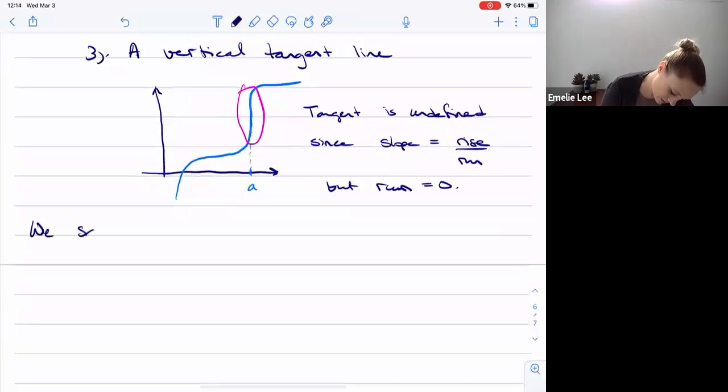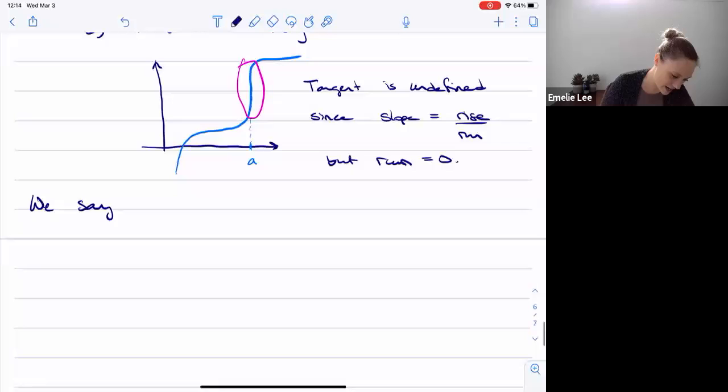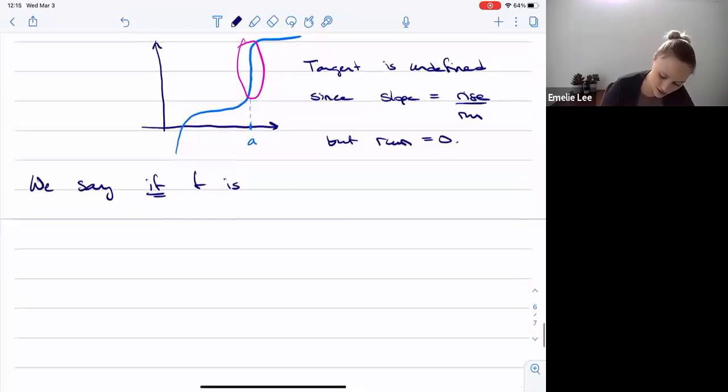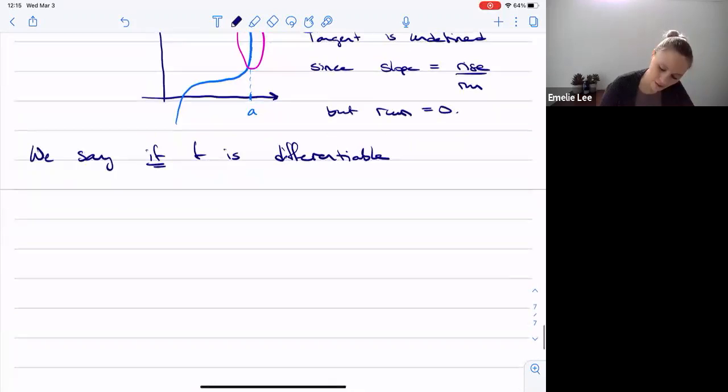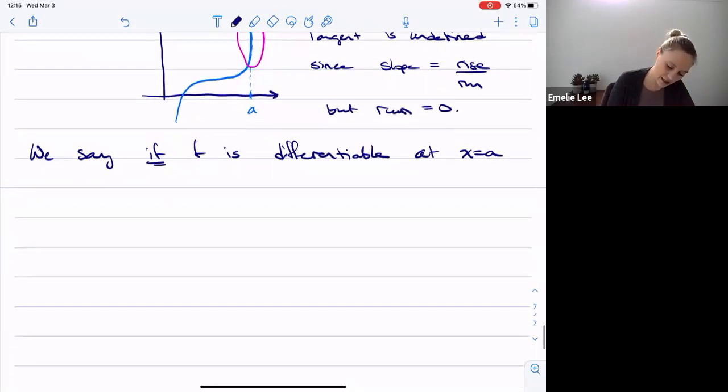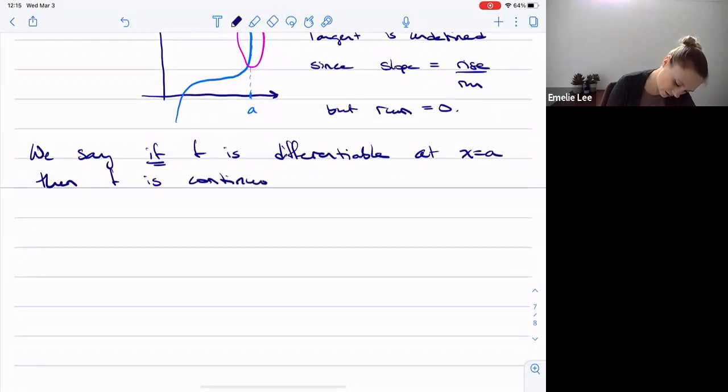So if it's differentiable at that point, it is continuous, not necessarily the other way around. So we say if f is differentiable at x equals a, then f is continuous at x equals a.